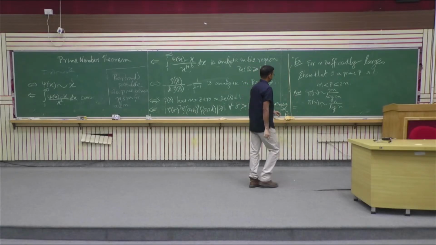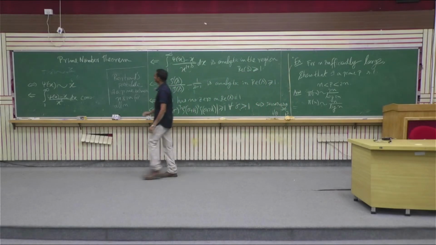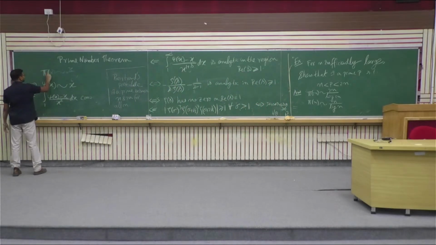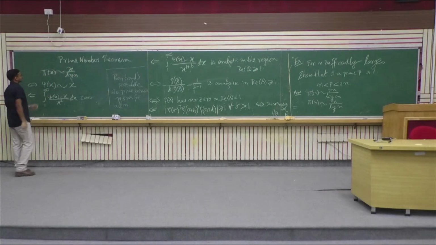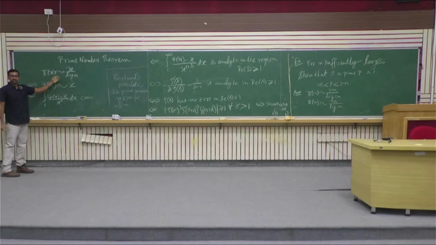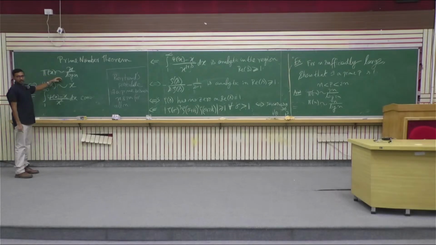The prime number theorem just says that this divided by this, as x goes to infinity, is equal to 1. That would mean that as you take x large enough, the ratio is larger than any 1 minus epsilon; choose any epsilon and it will be larger than 1 minus epsilon.